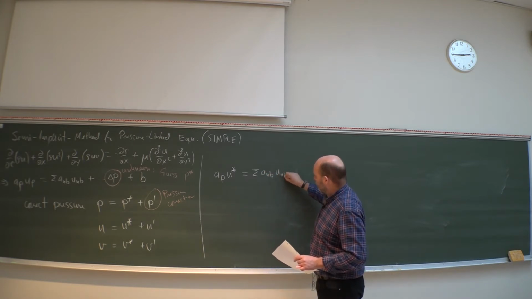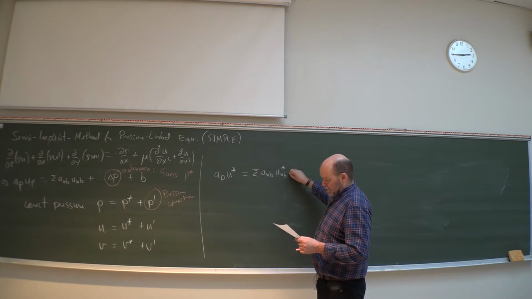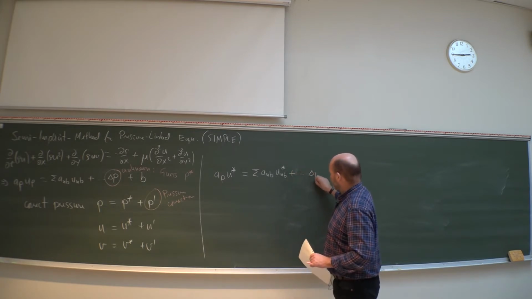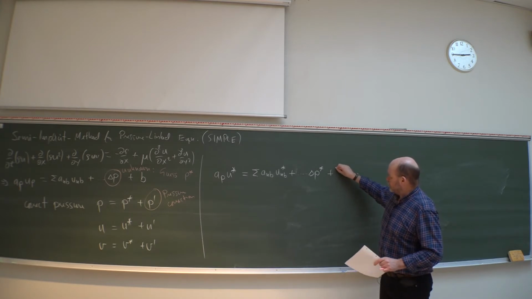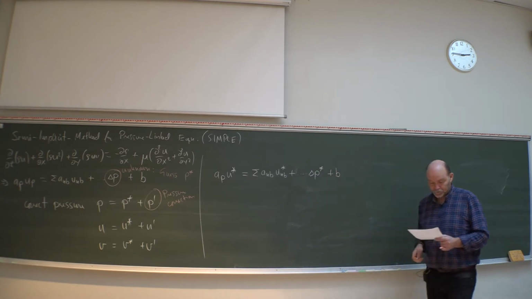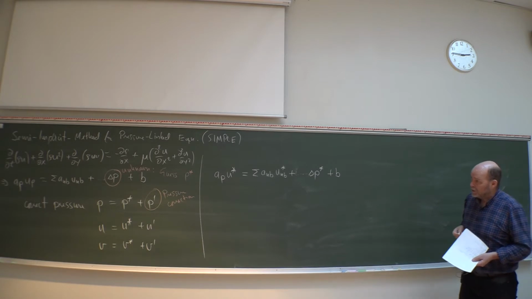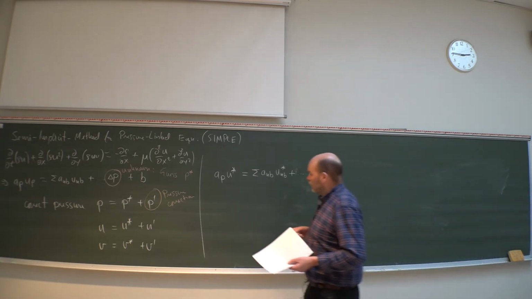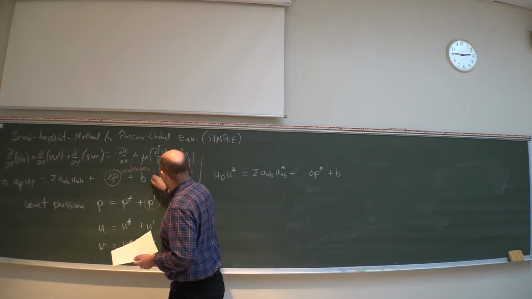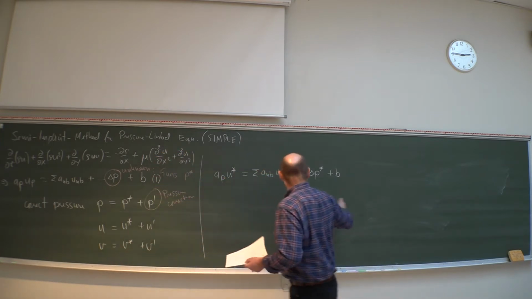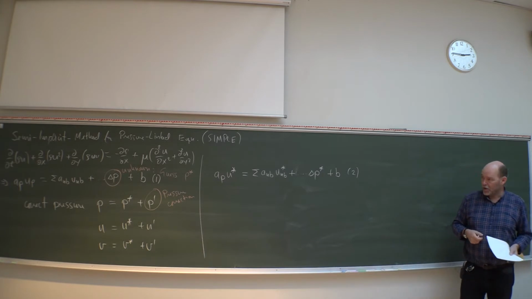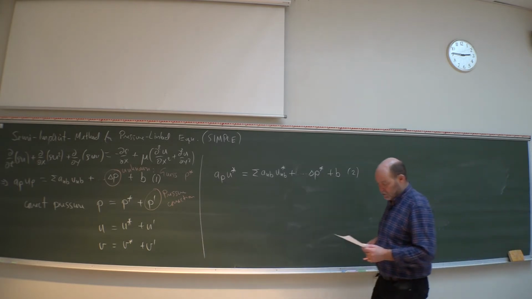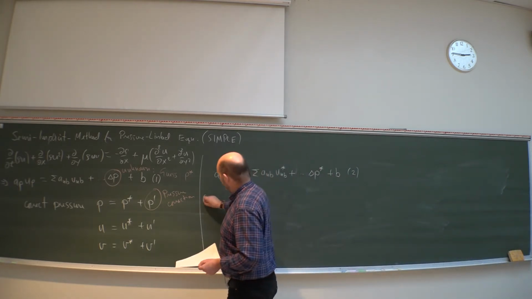U neighbor star, and then something delta P, and then this guessed pressure plus B. So if this is equation number 1, and this one equation number 2, then we subtract them, 1 minus 2, and what do you get?